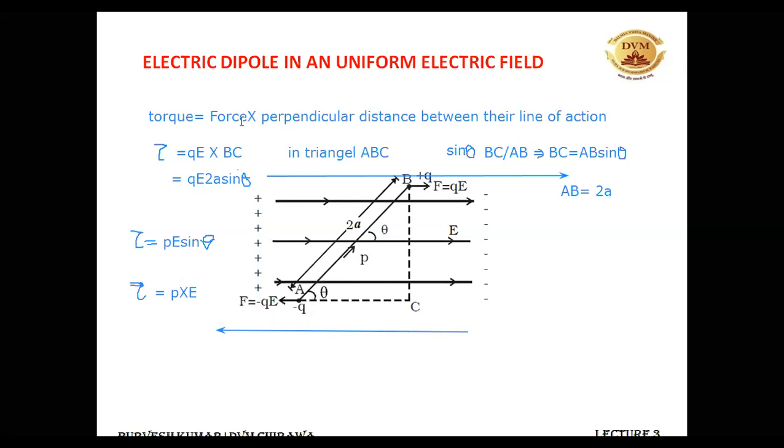So this is the derivation for the torque acting on a dipole when it is placed in a uniform electric field. If someone asks what is the torque acting on a dipole, it must be P cross E, the dipole moment having a cross product with the electric field.